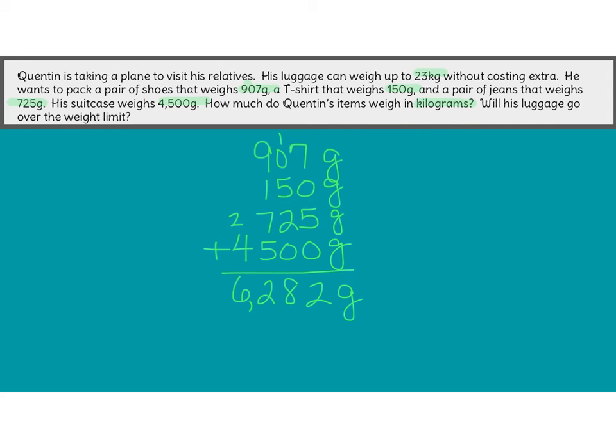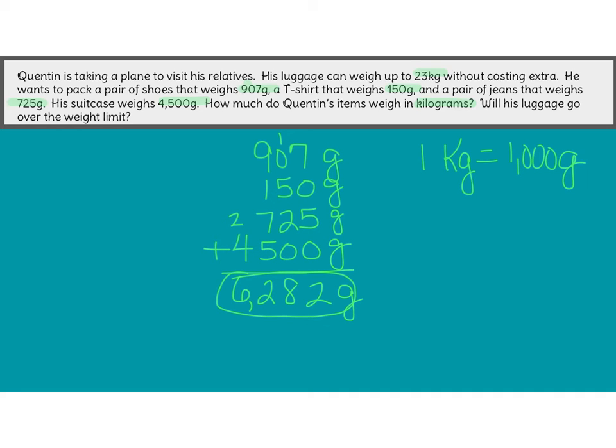So we need to go back to, what is the one? 1 kilogram is equal to 1,000 grams. So if we have 6,282 grams, are we going to divide or multiply times 1,000? Hopefully you answered divide.